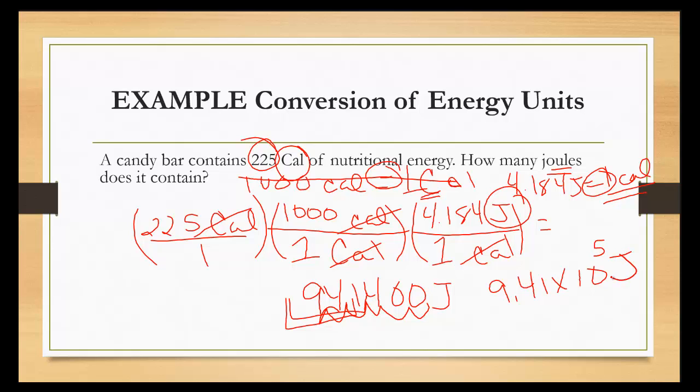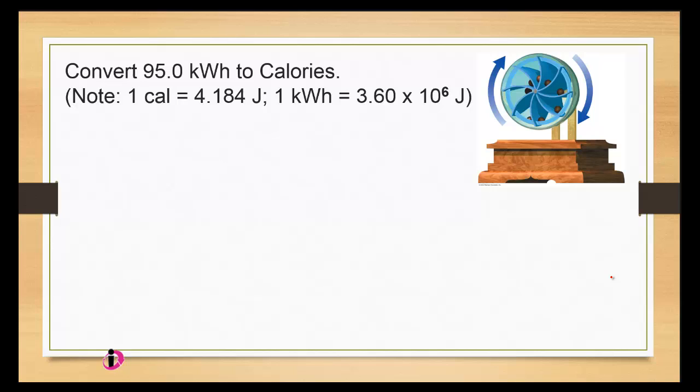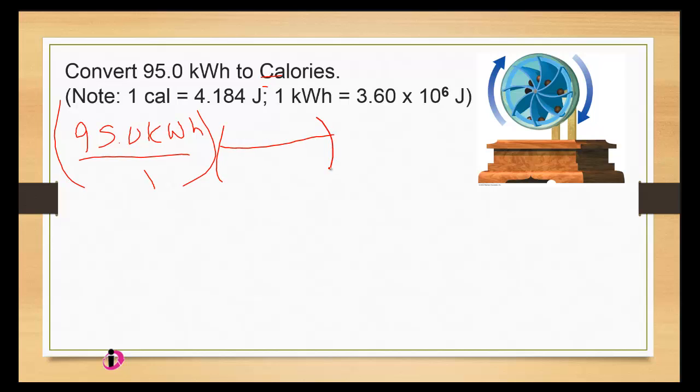Let's do one more. Convert 95 kilowatt hours to calories. Once again, notice the calories, capital C. So we have 95.0 kilowatt hours. That's going to be our starting number, so it's going to be over 1. We have kilowatt hours on the top, so that means I want to put it down here on the next line.